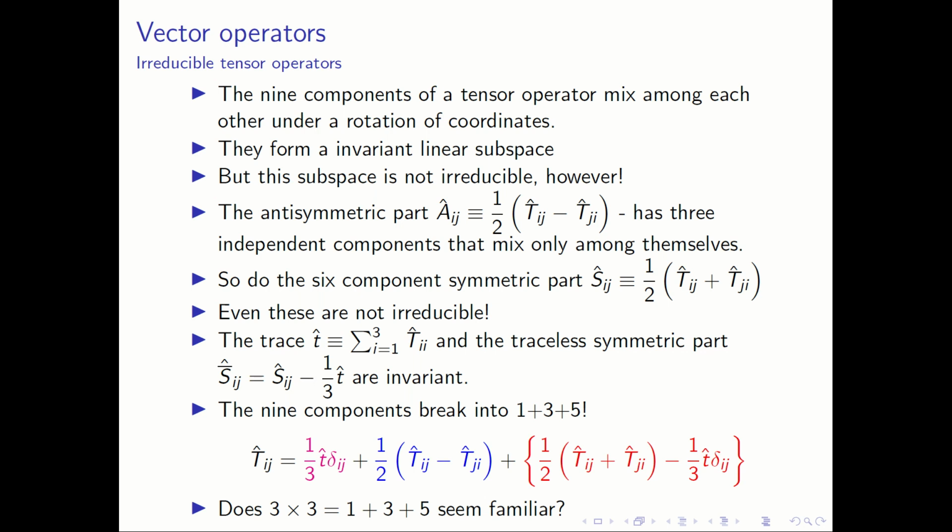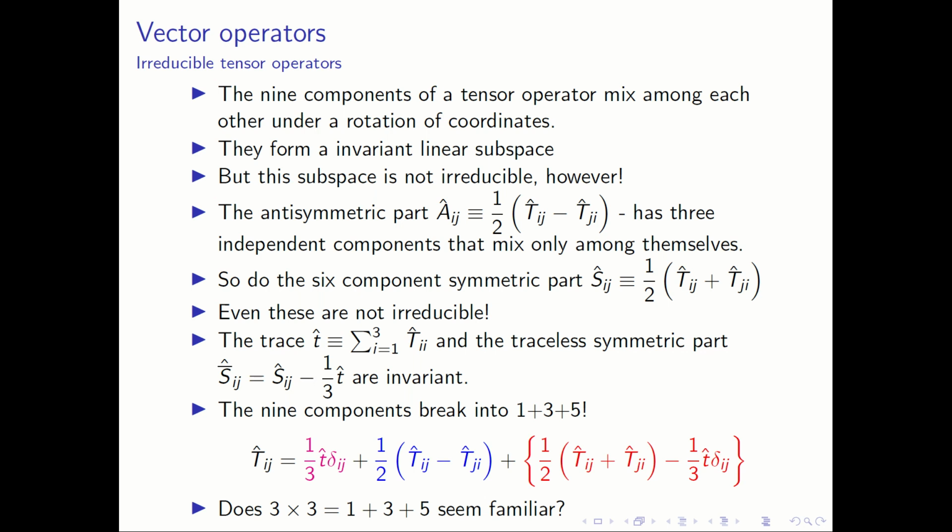At the end of the last lecture, I had pointed out that there is an uncanny similarity between this result and something that you have already seen from addition of angular momenta. Of course, in addition of angular momenta, you don't really see 3 times 3 equals 1 plus 3 plus 5, at least not directly.